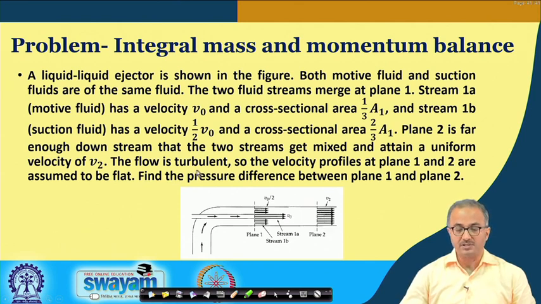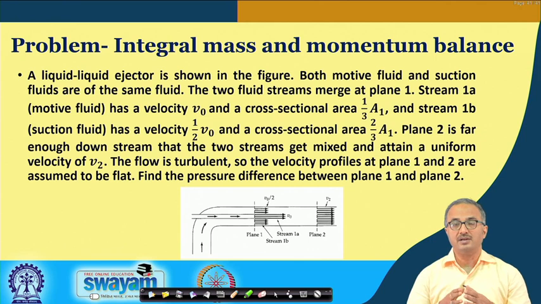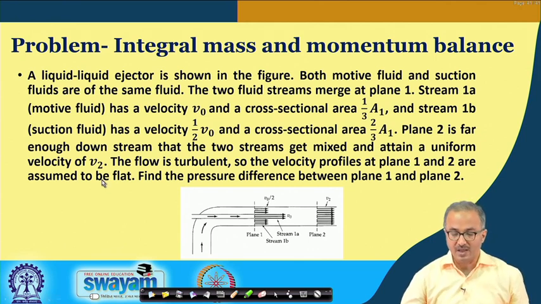The flow is turbulent, so the velocity profiles at plane 1 and 2 are assumed to be flat. You know that turbulence causes good mixing of the various fluids, and this mixing causes a flat profile, that is, there is no distribution of the velocity along the radial direction. So we have uniform velocities at both planes.